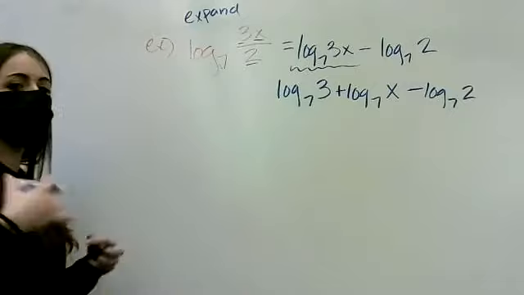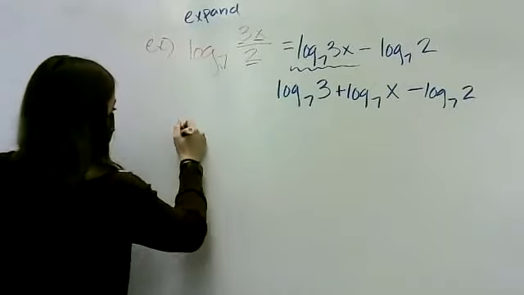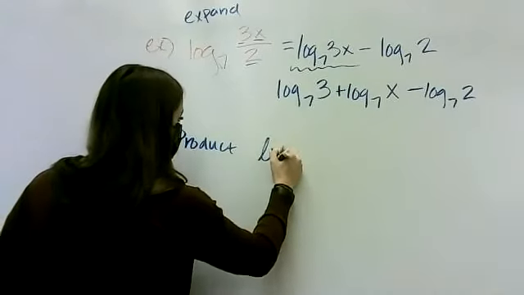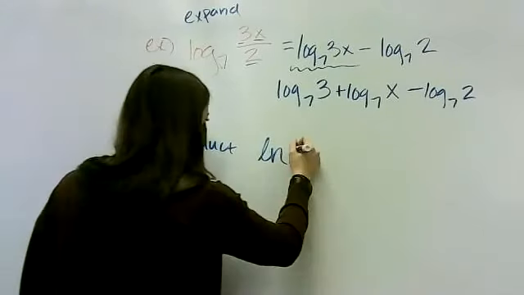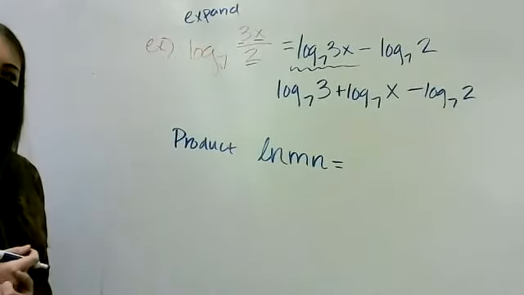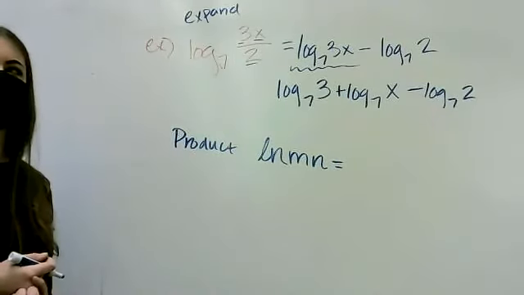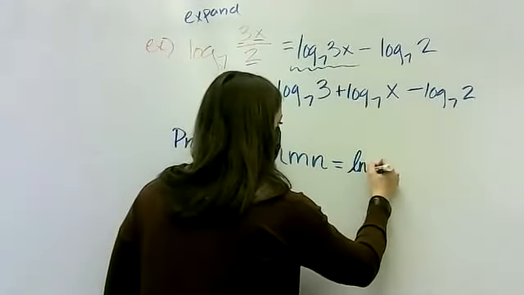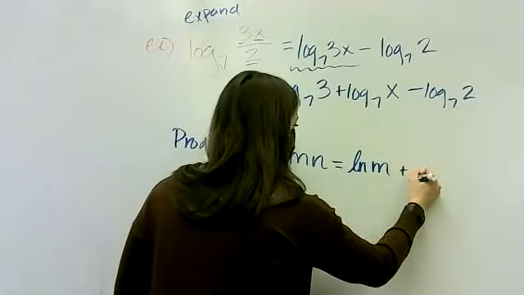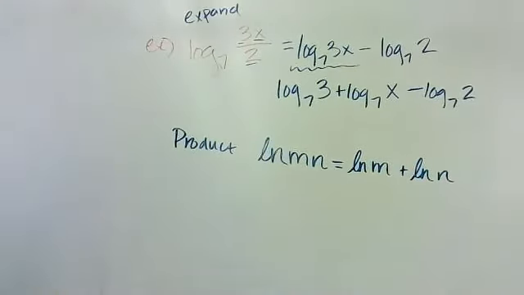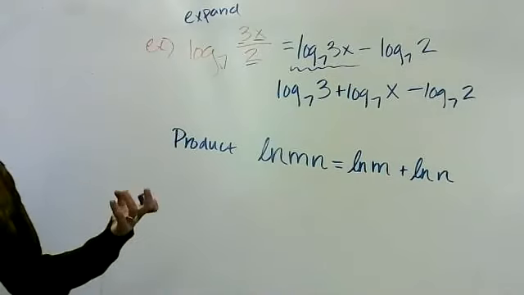So the product property is the exact same thing. If I throw a natural log of m times n, is it not just gonna kind of be the same thing? Where I take natural log of m and add it to natural log of n. Same property with a different type of log.